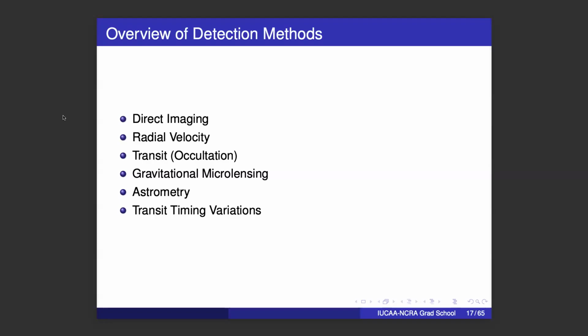The next technique is astrometry. This is just a variant of the radial velocity technique because remember, the star will move forwards and backwards, but it will also move sideways and up and down, right? So if you can measure the position of a star very precisely, and if the planet is sufficiently massive, you can observe its astrometric drift over time.